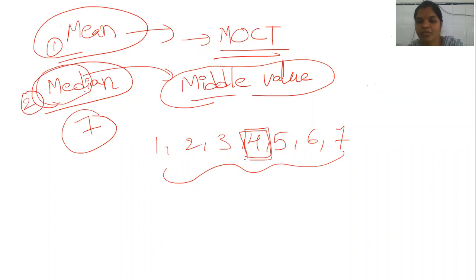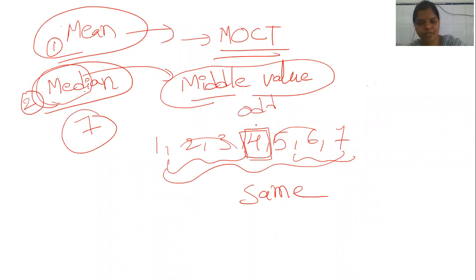If we take 4 as the median, on the left side of the median number and on the right side of the median number, the remaining components in the data will be the same. This happens when your data has an odd number of observations.